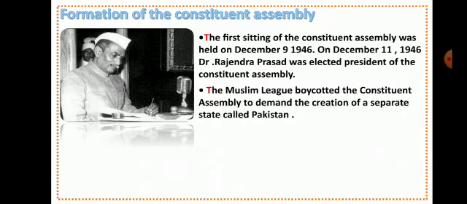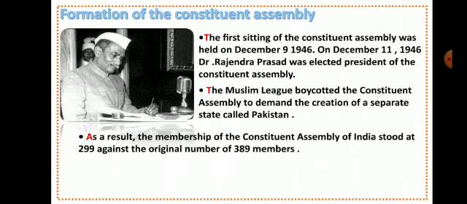At that time the Muslim League boycotted the Constituent Assembly to demand the creation of a separate state called Pakistan. So as a result, what happened? The membership of the Constituent Assembly of India stood at 299 against the original number of 389 members.